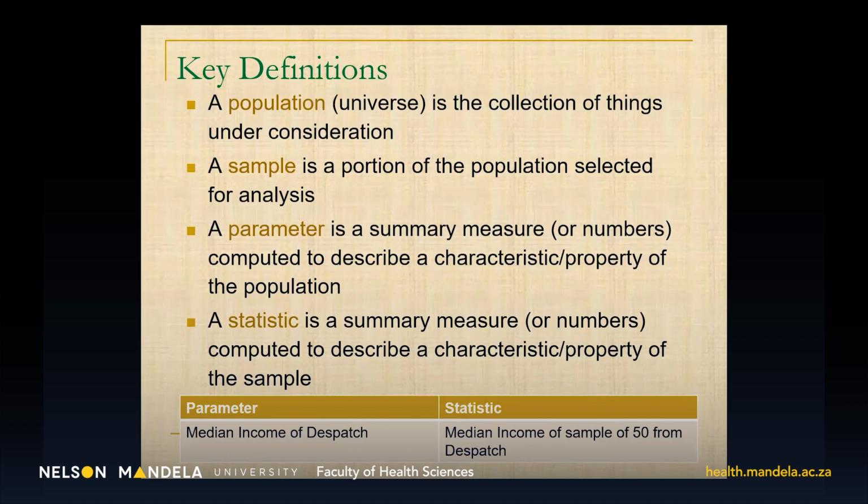And those people, we hope, will represent all the smoking people of PE. We get 50 around the city center in PE and look at their smoking habits and hope that the 50 we got, that's a sample, in the middle of the city, will represent everybody in the universe, or the population of smokers in PE. I think you get my drift there.